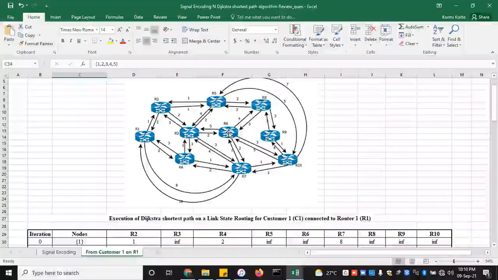Or we can go from 1 to 2 to 5, 5 to 3 to get to 6. And the question is which of those routes gives you the shortest path? Now let's go through and see which one has the shortest path.